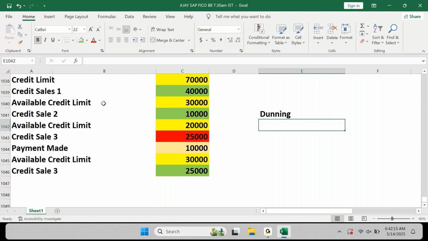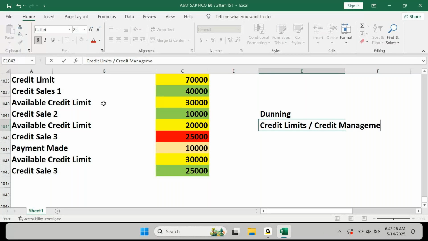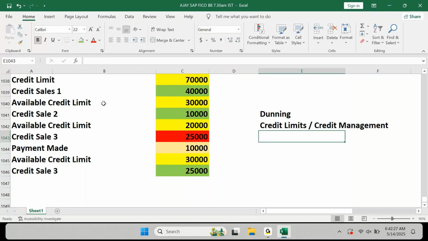You will also have credit limits, which are nothing but customer credit management. You will also have doubtful debts.